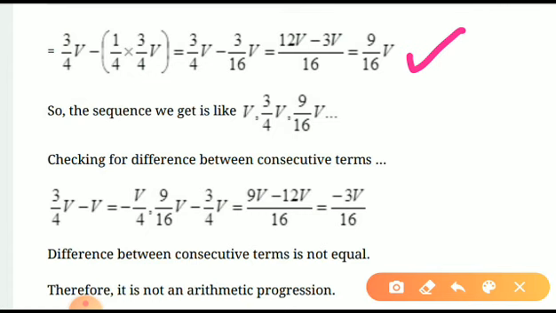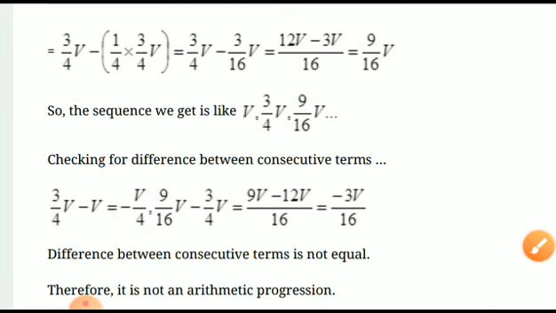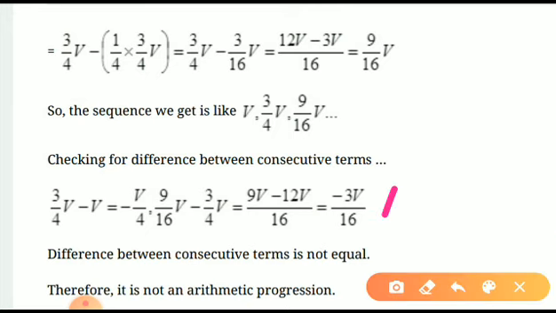Now check the difference between the consecutive terms. Second term minus the first term: 3/4 times V minus V, so we'll get minus V by 4. Similarly, third term minus the second term: 9/16 V minus 3/4 V. The answer will be minus 3V by 16.